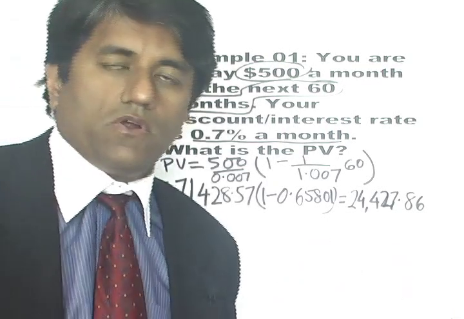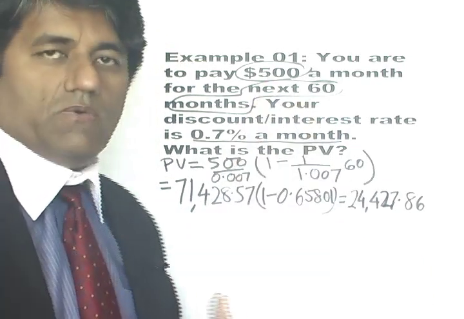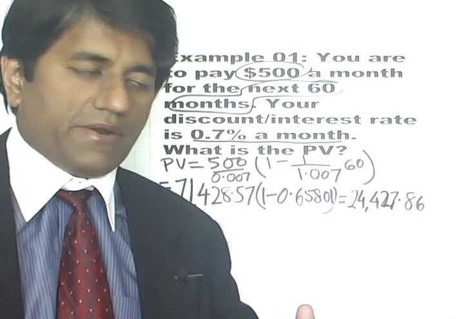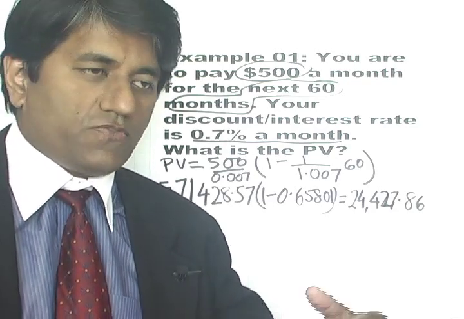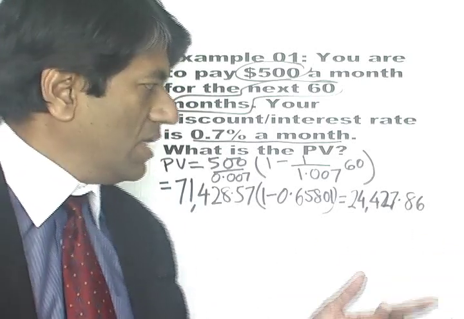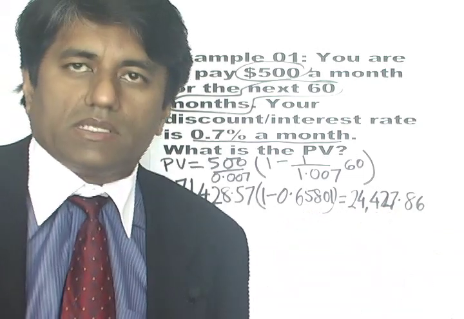Of course, if you took it without discounting, 500 into 60 would be 30,000. However, because these are cash flows at future points in time, the present value is going to be less than that, and it's actually going to be 24,427.86.